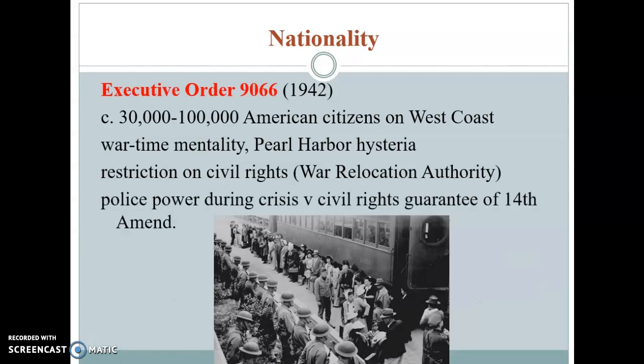But in the executive order, in the broader sense, what happens, again, is police powers during a crisis confront these bedrock notions of civil rights, the guarantee of the 14th Amendment. So obviously it raises some questions about what it means to be an American. If you're an American and your parents come from Japan, don't you have the right to be treated the same way as anyone else?